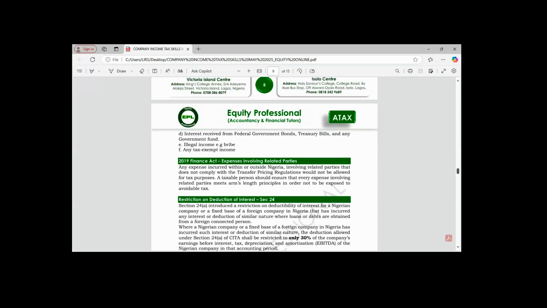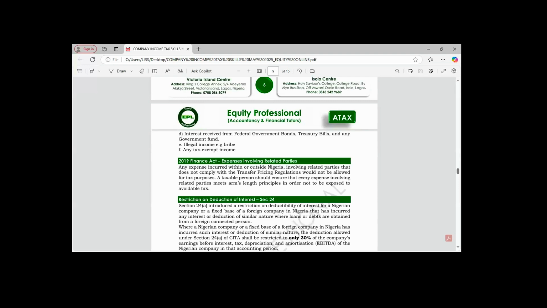Only 30% of EBITDA will be the allowable amount. Any balance after you have calculated 30% of EBITDA will be taken to subsequent years for a maximum period of 5 years on a first in, first out basis.